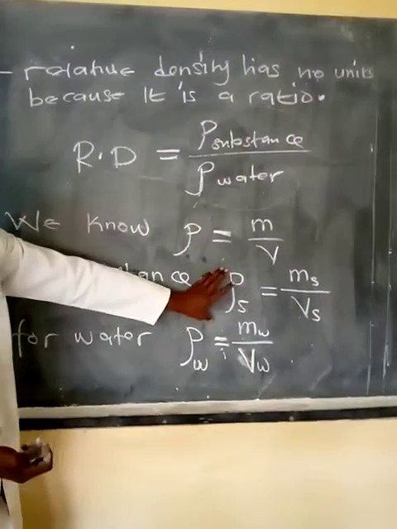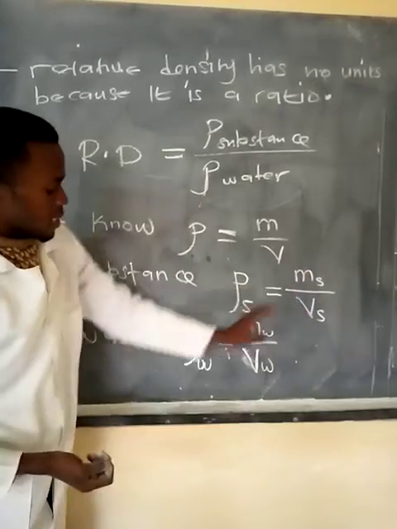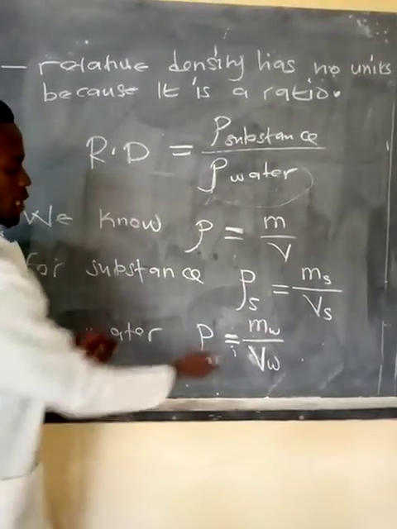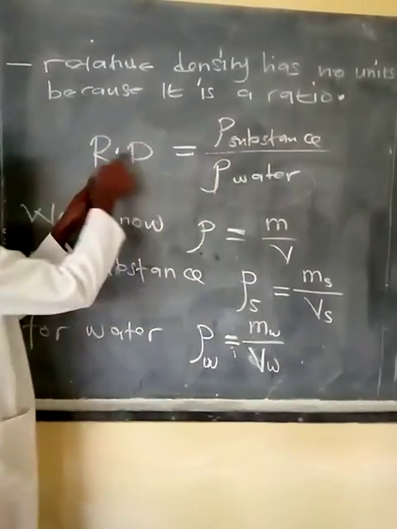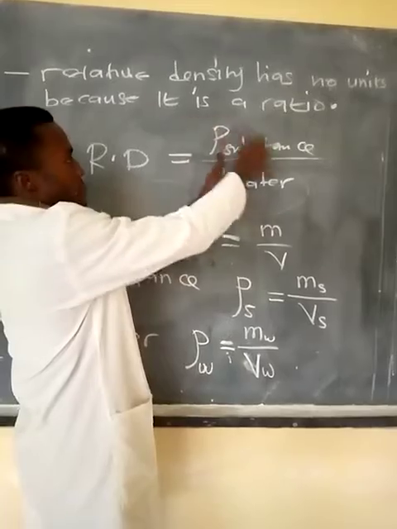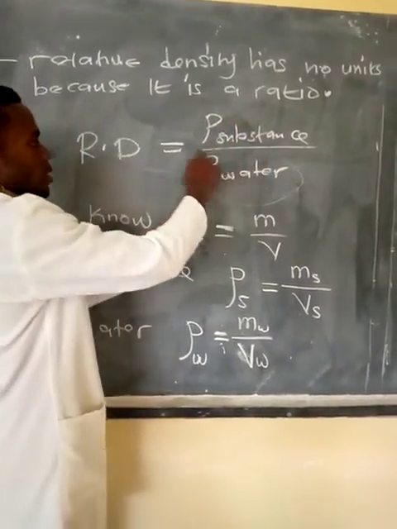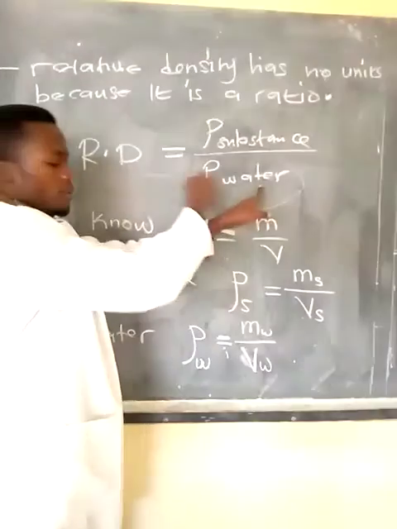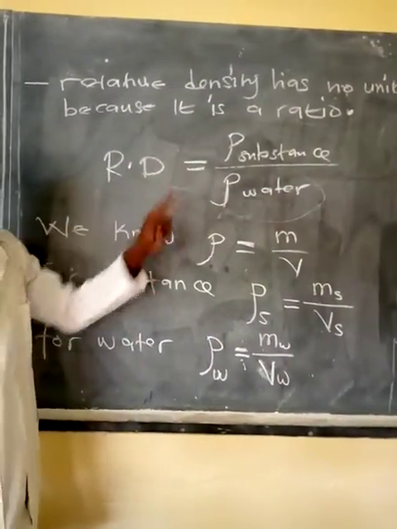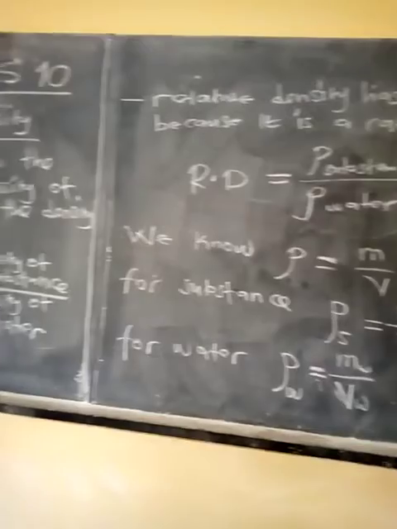So we know that for the substance, this is the formula, then for water, this is the formula. So we are going to substitute now in the formula for relative density, which is rho of substance over rho of water.